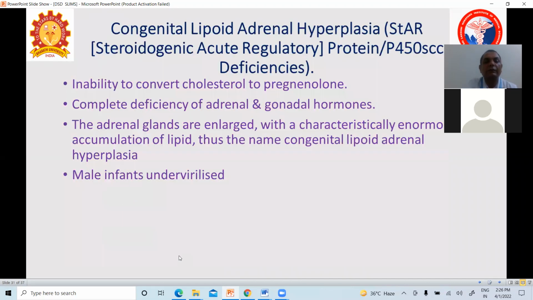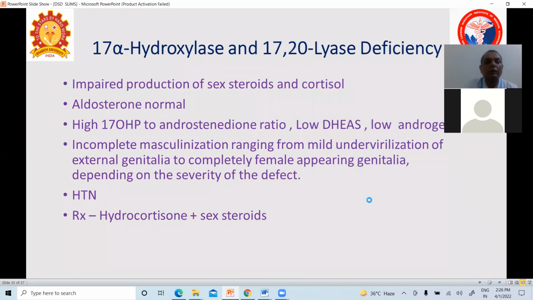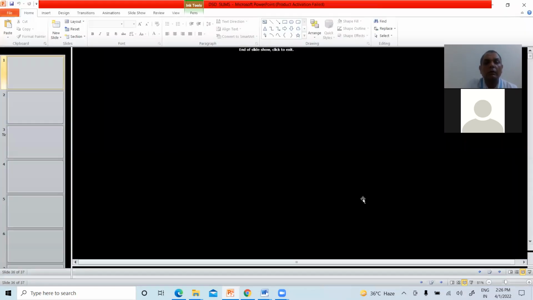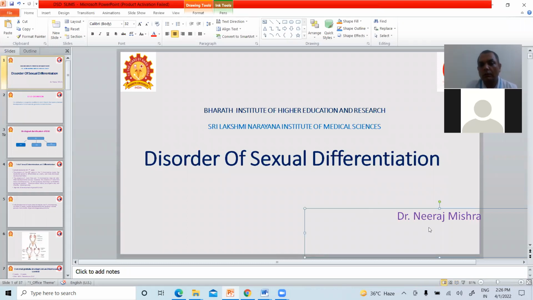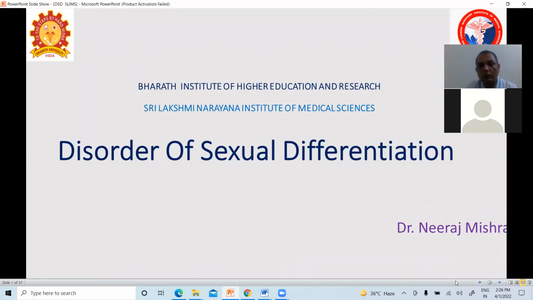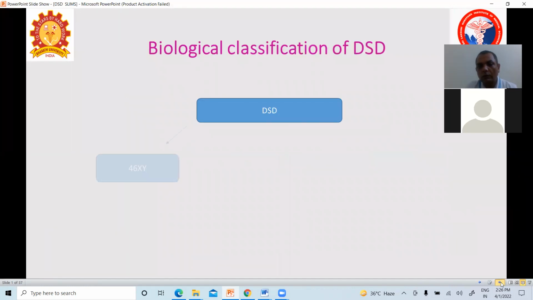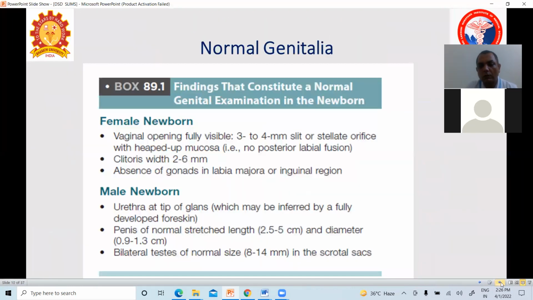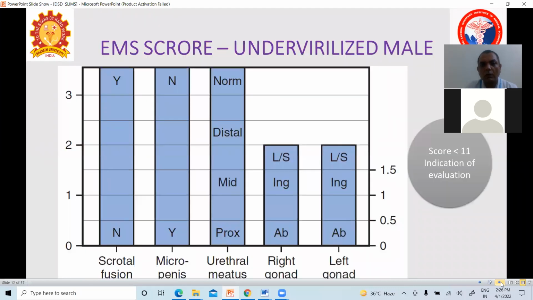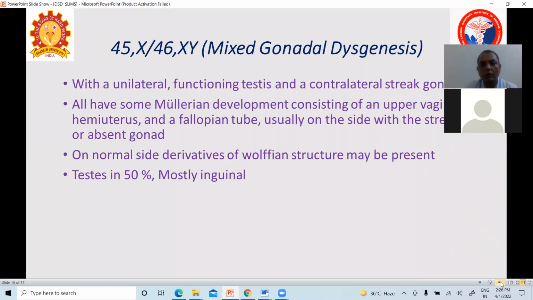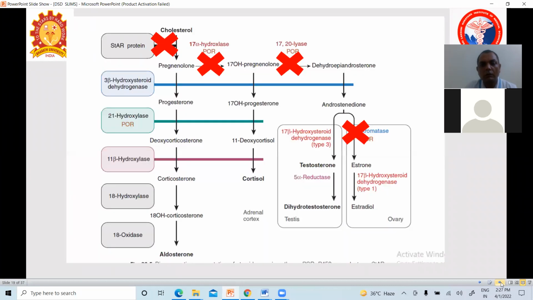Through the vertical pathway, aldosterone and cortisol will be produced, and through the horizontal pathway, sex estrogens will be produced.